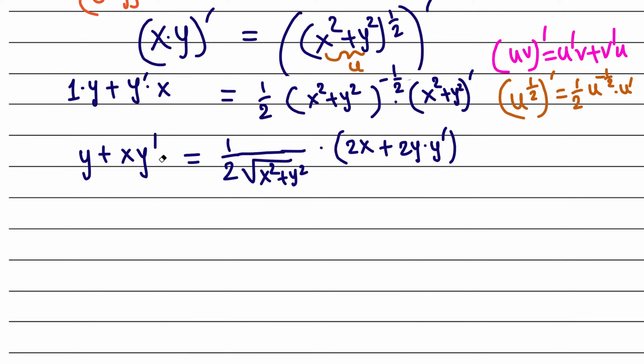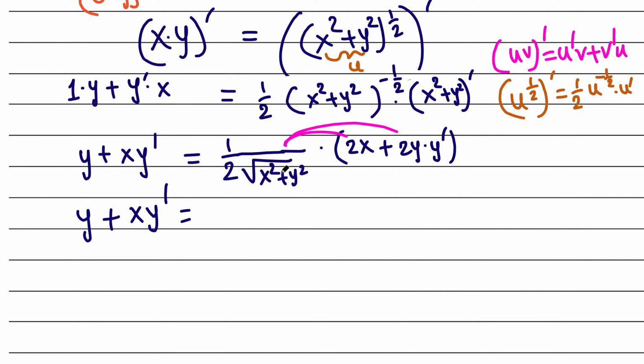Y prime is here and y prime is here. Now we need to isolate y prime. But this y prime is inside parentheses. That means we must distribute this out from outside. So this junk times 2x, this junk times this. Okay, so this is y plus x y prime.